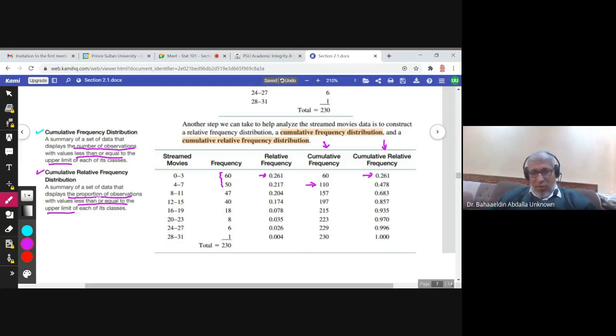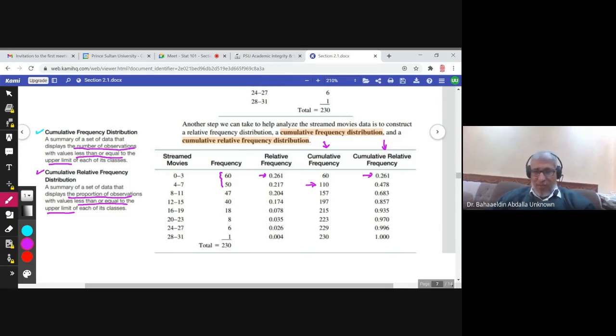So what is the proportion of observations with values less than or equal to 3? 0.261. Right. What is the proportion of observations less than or equal to 7? You add 0.261 plus 0.217. This is the proportion. The relative frequency is the proportion.